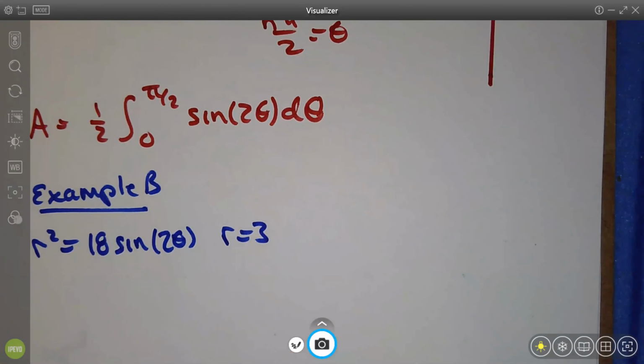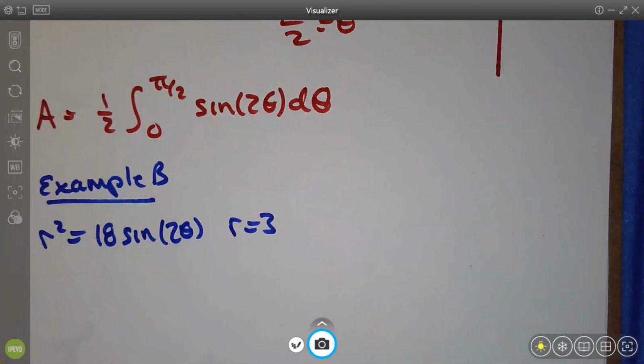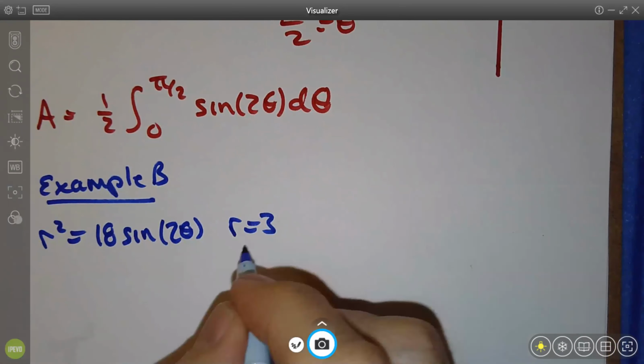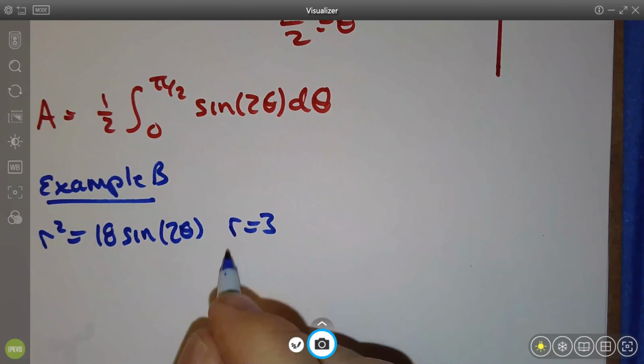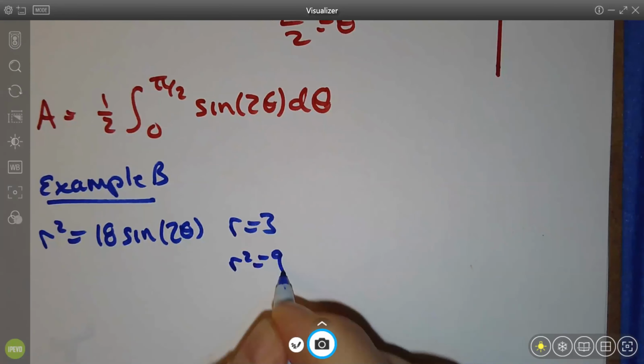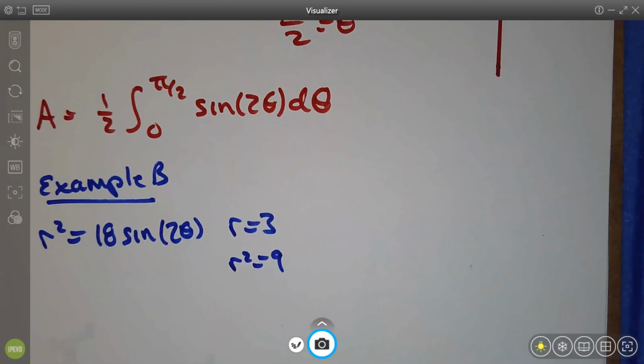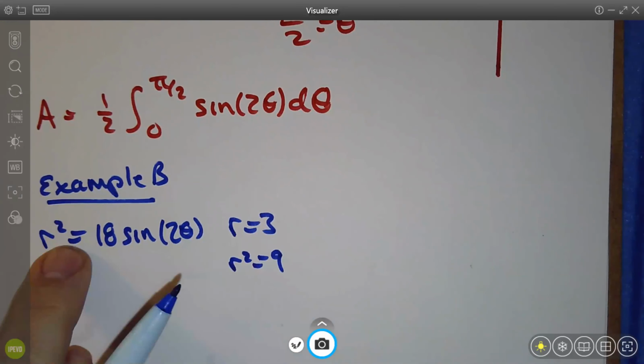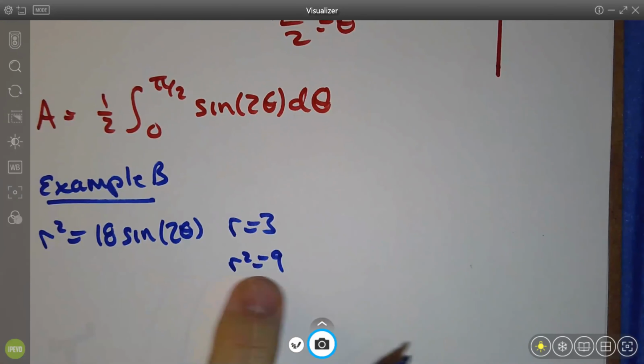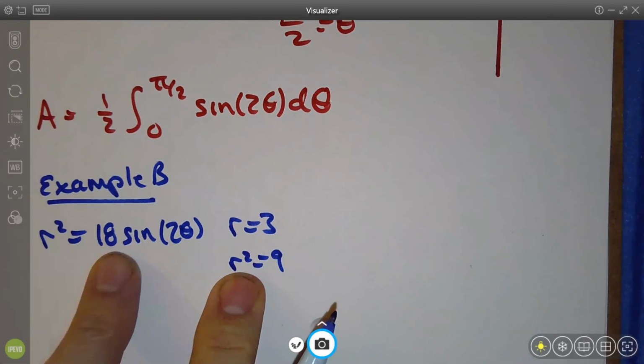Now to find where they intersect, I've got to set those equal to each other. So in particular, it'd be helpful if I had r squared here. Well, that's pretty easy. r squared is just 9. And now I can set these two things equal to each other because I've got different expressions for r squared.